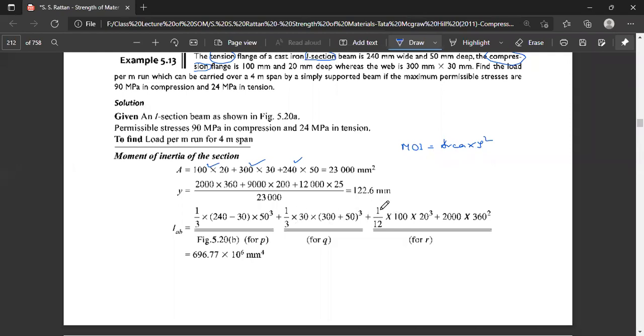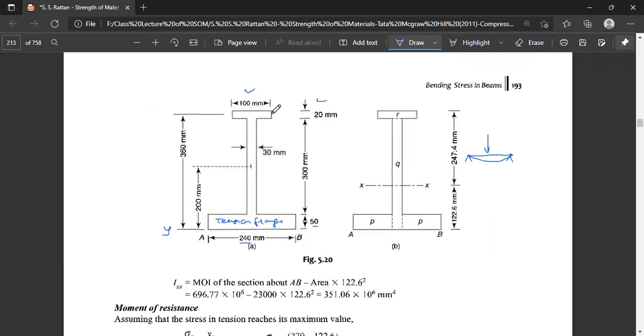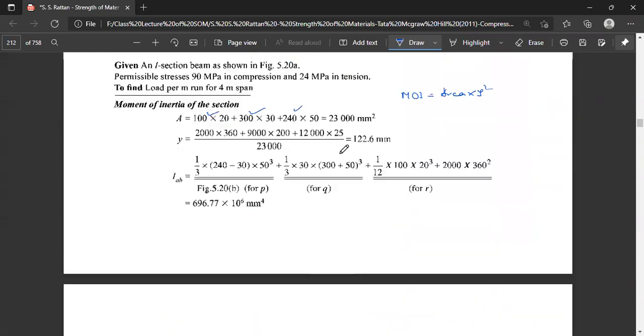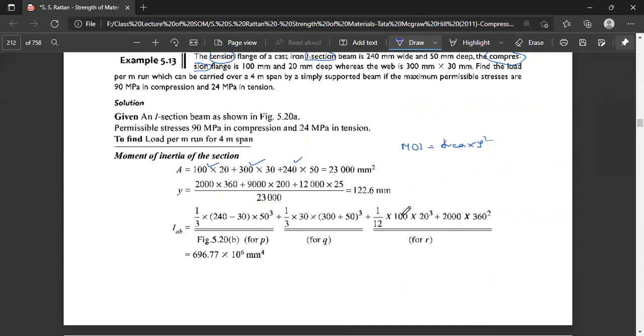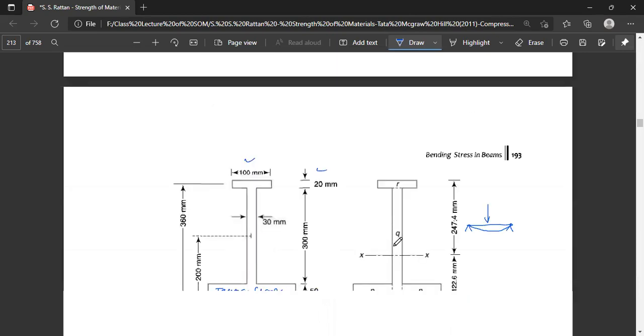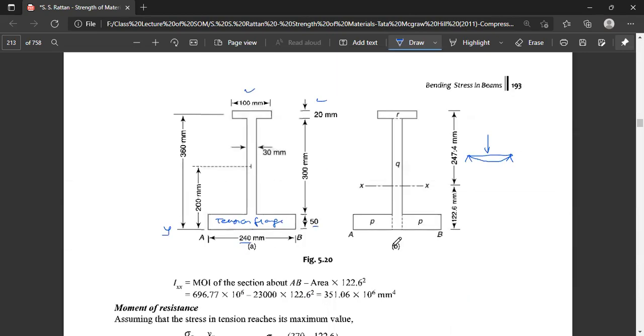And 100 into 20 to the power 3, plus 200 into the total area multiplied by the distance of the figure, that is 2000 multiplied by 360 squared.